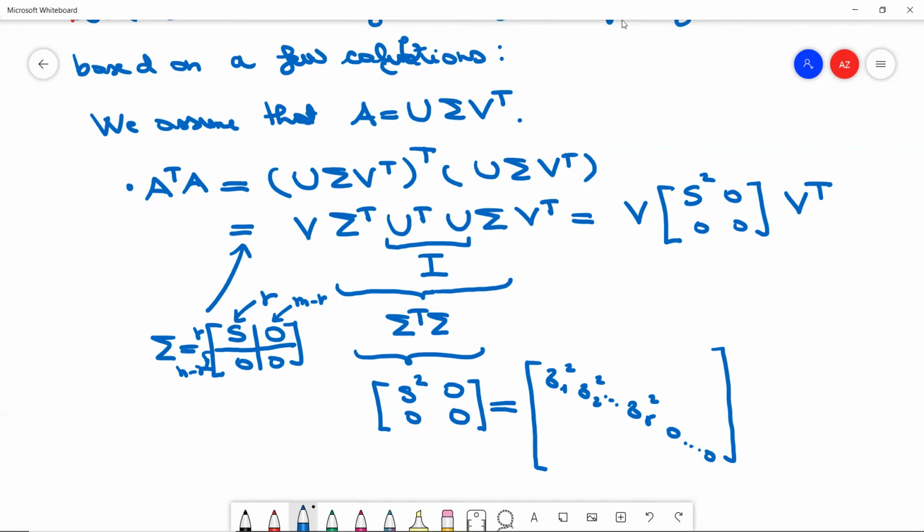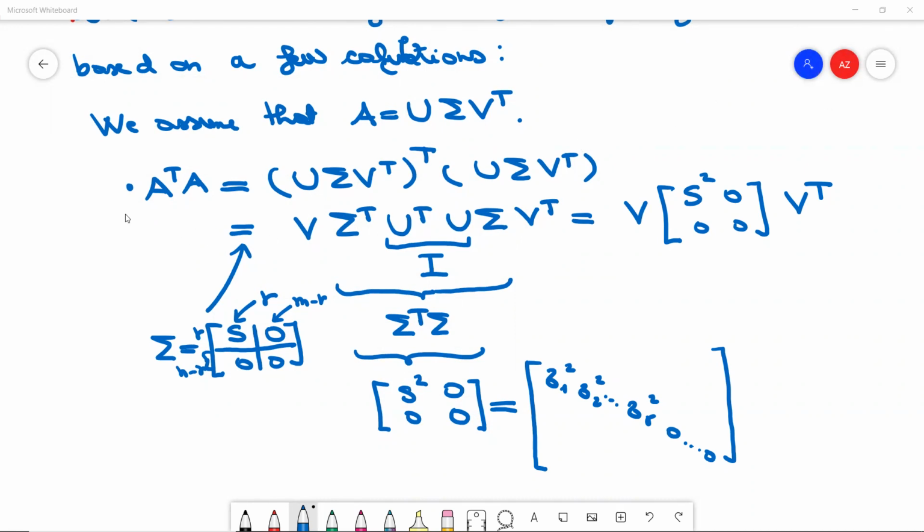So does anybody see how to then extract the candidate for U? What should we do? Yeah, just swap A and A transpose. Yeah, that's true.